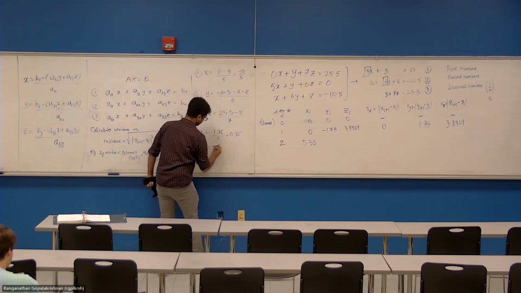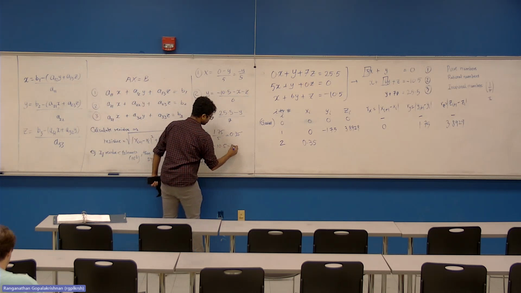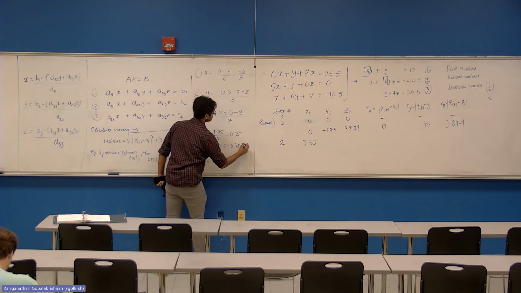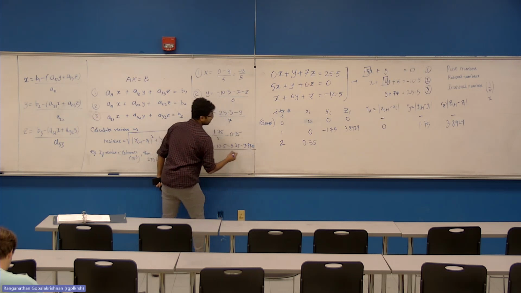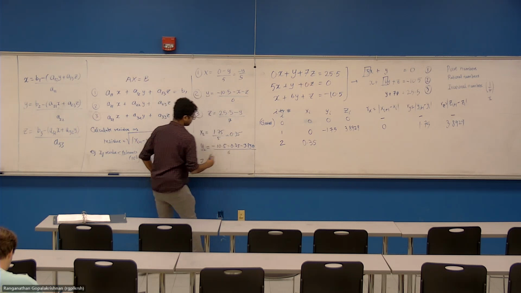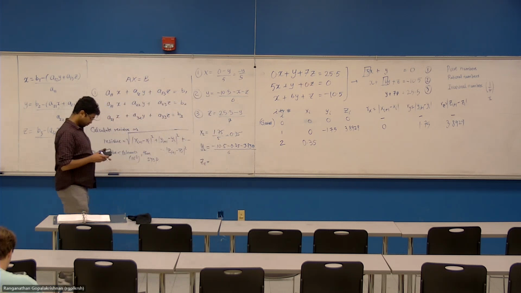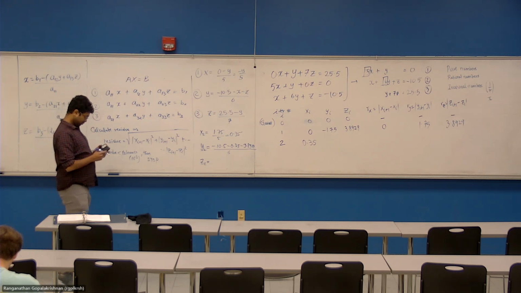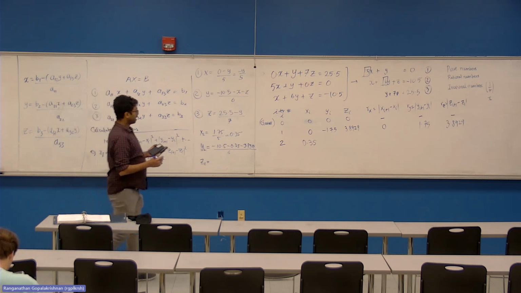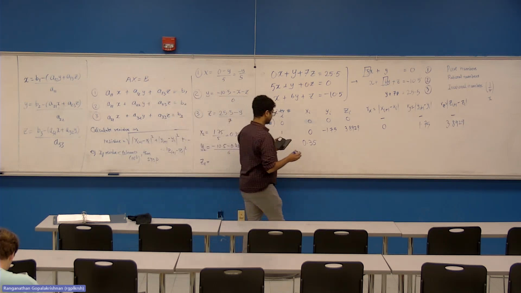Y is 10.5 minus 0.35 minus Z, which is 3.8929 divided by 6, minus 2.4572.